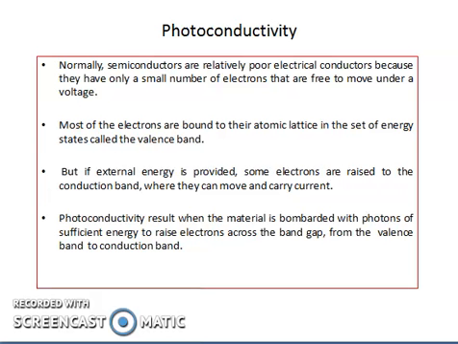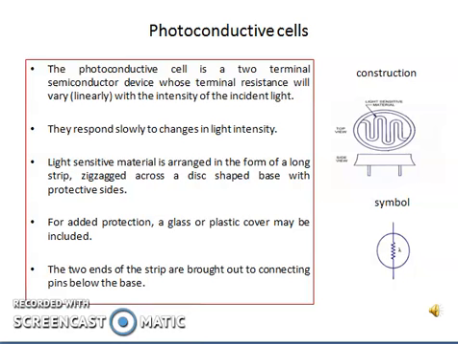What happens is that the energy provided by the photons is absorbed by the electrons lying in the valence band. Because of that they gain some energy and they try to move to the conduction band. Whenever the electrons move to the conduction band, we know that the current conduction will start.